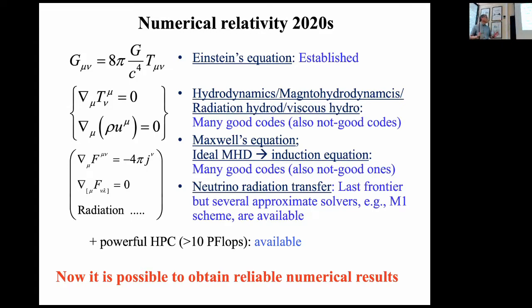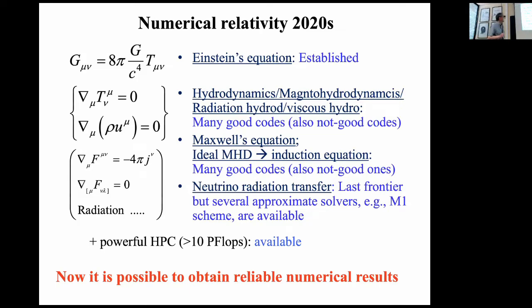is Boltzmann's equation. That means that we have to handle a 6-dimensional equation. So it's a very tough business, and it's still not possible to directly solve Boltzmann's equation. But nowadays, there are several very good approximate solvers. They are approximate solvers, but they can capture the basic property of neutrino radiation transfer.